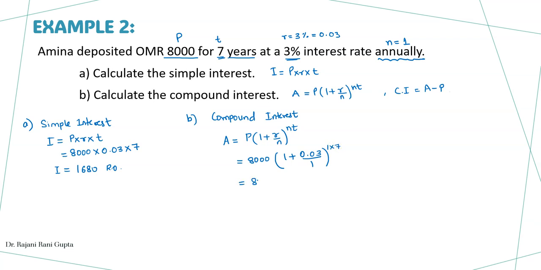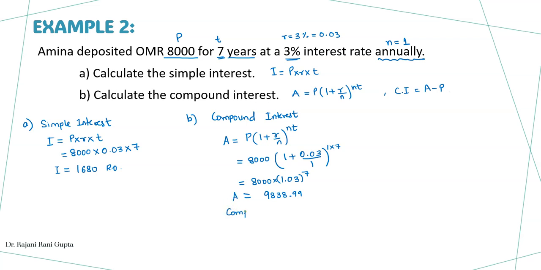So which is 8,000 times, again bracket means multiplication here, to the power 7. So this gives you on calculation 9838.99. So this is the amount.